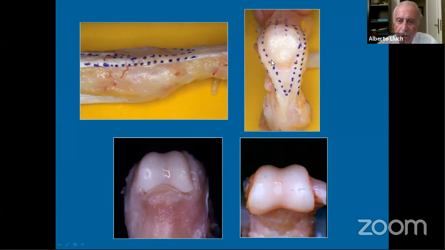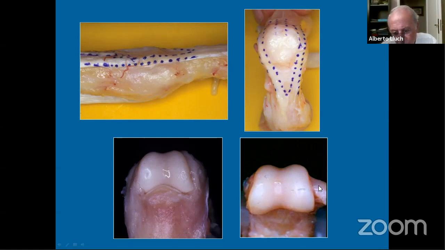We can see that when we flex the PIP joint, the central slip stays where it should, here in the trochlea provided by the proximal phalanx, and that's why the proximal phalanx has this shape, to maintain the central slip in its place. And also the condyles of the proximal phalanx are obliquely oriented this way to allow the lateral band to displace dorsal and volar to the axis of rotation, and that's why it has this inclination.